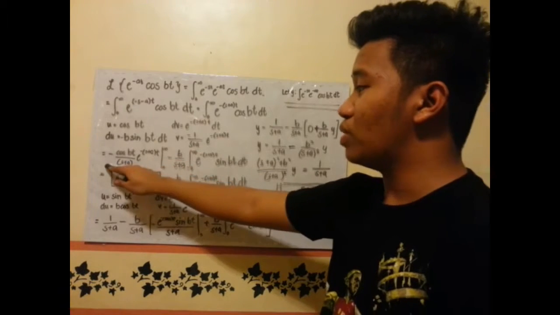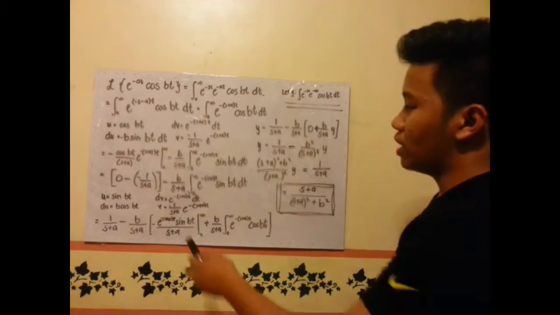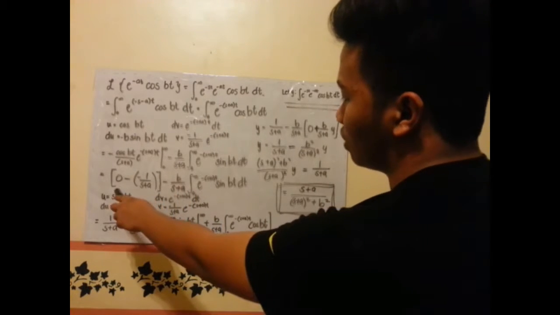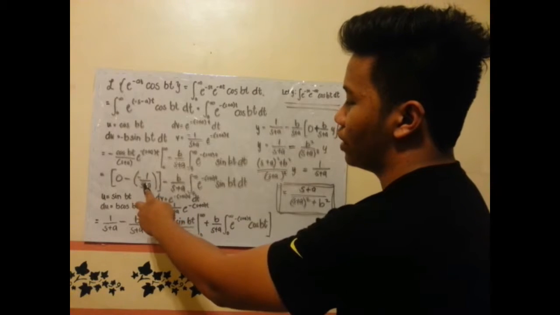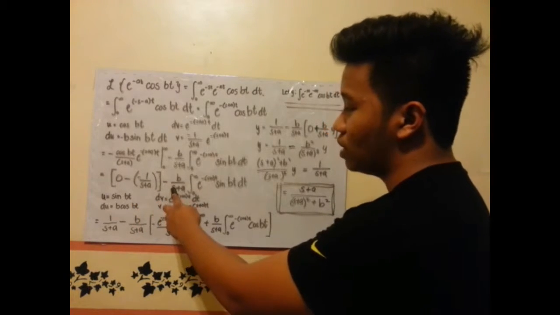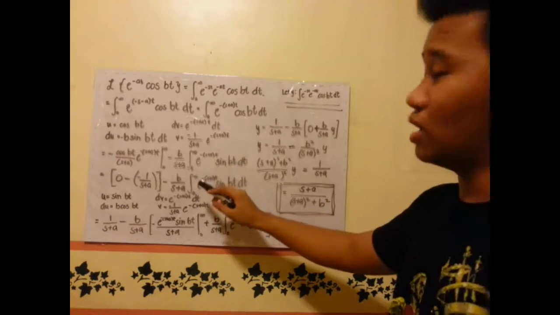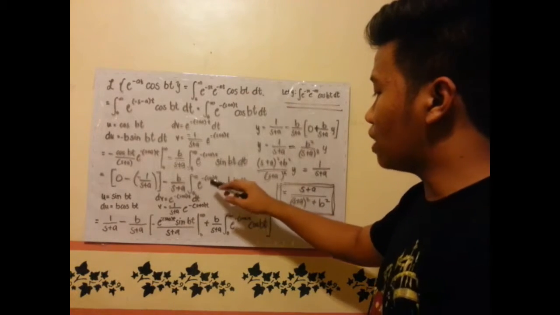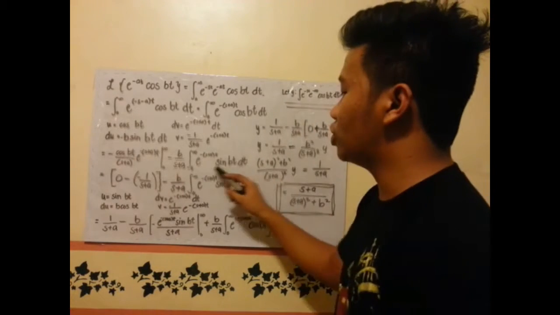So the answer would be negative 1 over s plus a. So our next equation is 0 minus negative 1 over s plus a, minus b over s plus a multiplied by the integral of e raised to negative parenthesis s plus a t sine bt dt. So another integration by parts.